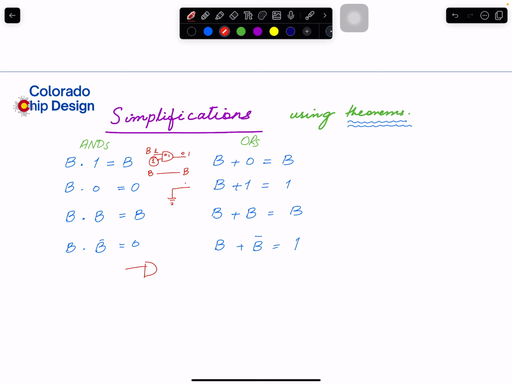What this means is you get B, and on the other side you have an inverter, and then it goes to the AND. So if B is 0, this is 0, this is 1, the output is 0. If B is 1, this is 1, the other one is 0 because there's an inversion happening. Output is always 0, so it doesn't matter. Your homework is to prove this for the other scenario for OR. It's the same thing.